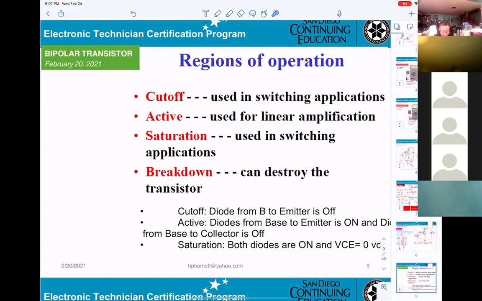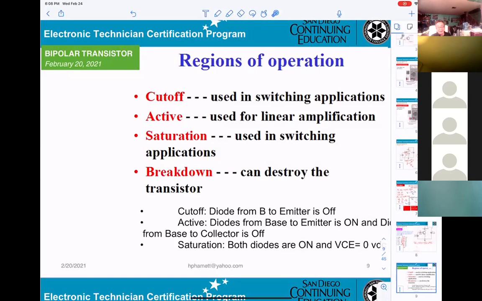If you're using active, that means you want to design for an amplifier. And saturation? When the transistor is saturated, it's used for switching applications, like building the logic circuitry.